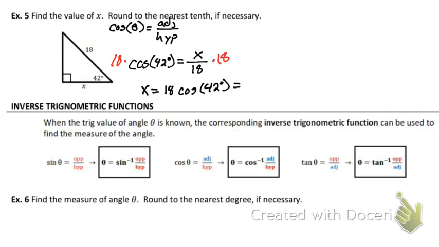Is 42 degrees on my unit circle? No, it is not. So that means you're just going to take out your calculator. Make sure our calculator's in degree mode, and just type in 18 times cosine of 42 degrees. You should get out, unless mine's wrong, 13.4.